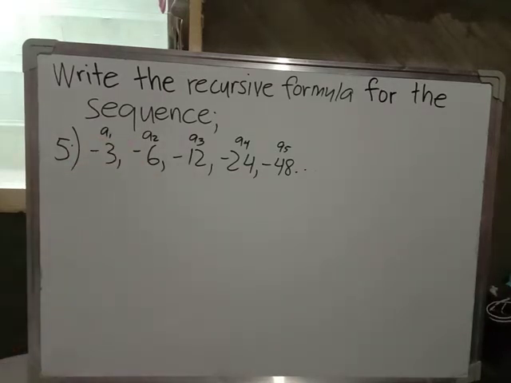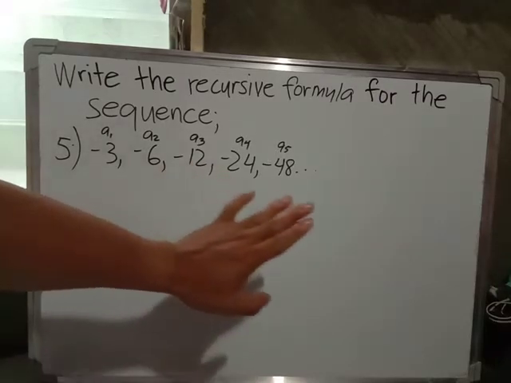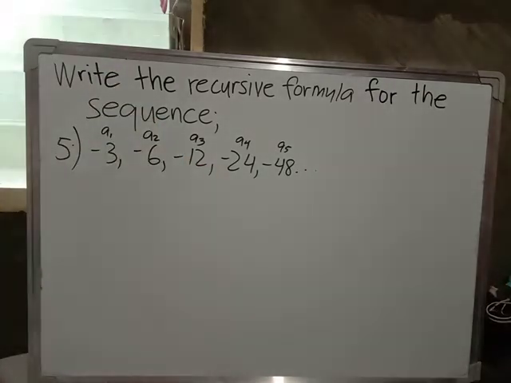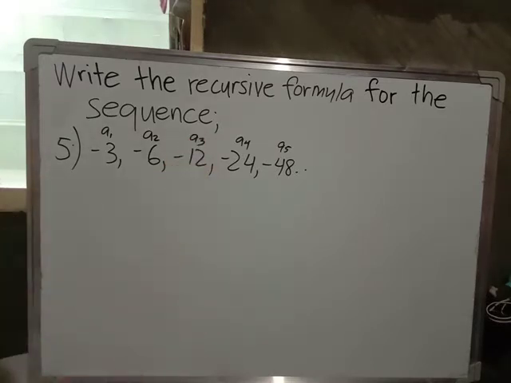So, si E2 na-achieve lang natin by multiplying 2 sa E1 natin, which is negative 3. So, negative 3 times 2 is negative 6. So, the same pattern, by multiplying 2, na-achieve natin negative 12 for E3. Then, si E4 naman, simply si E3 multiplied also by 2. So, negative 12 times 2 is negative 24.